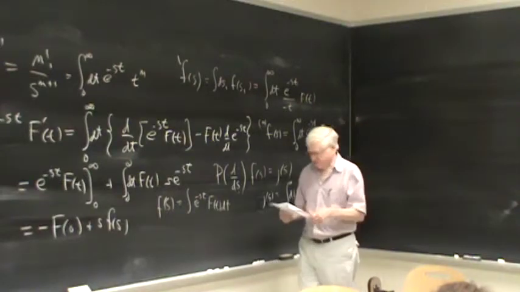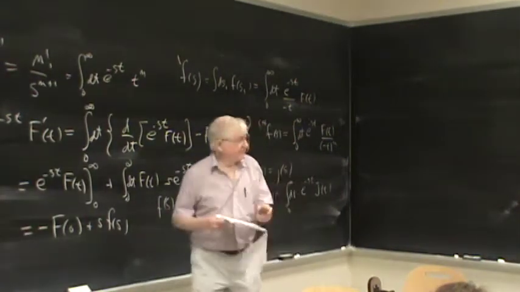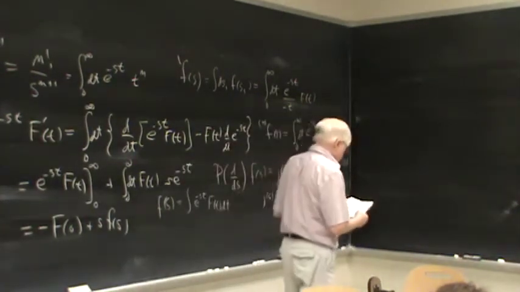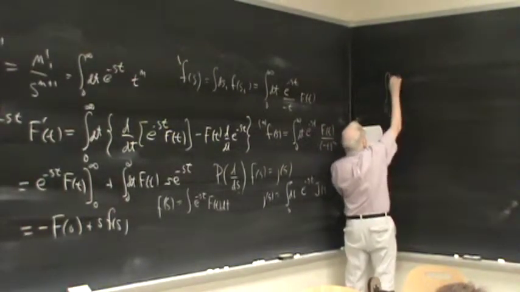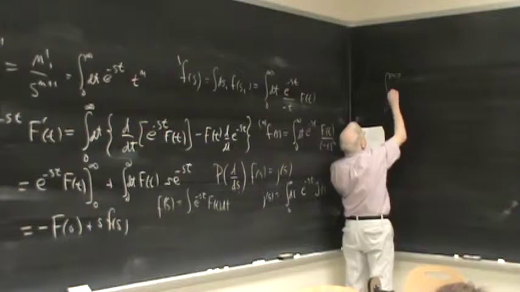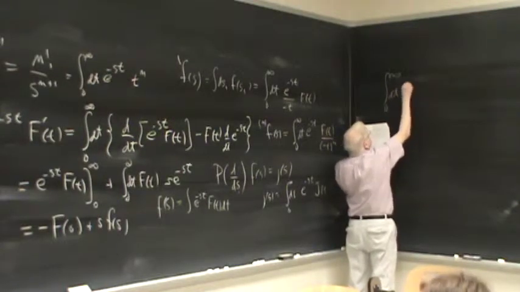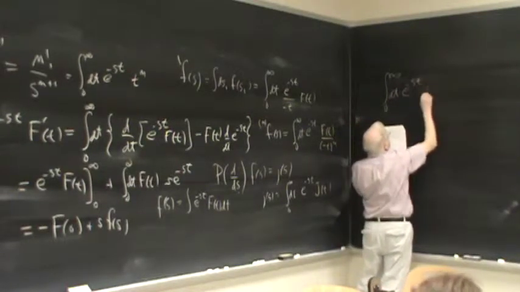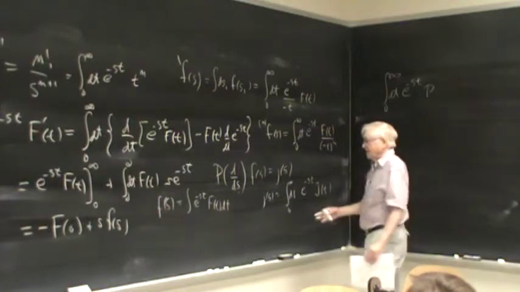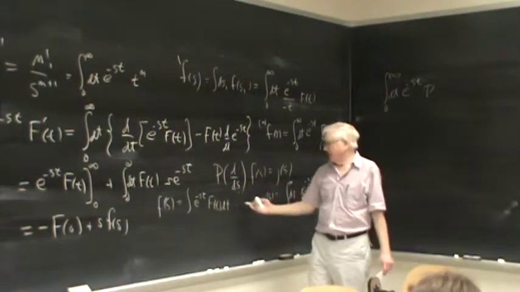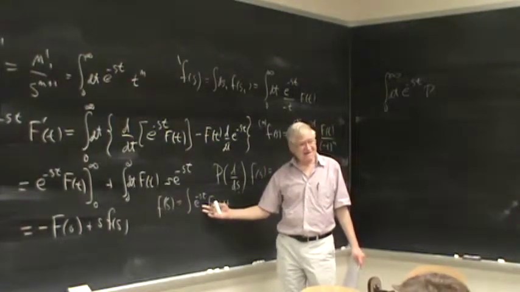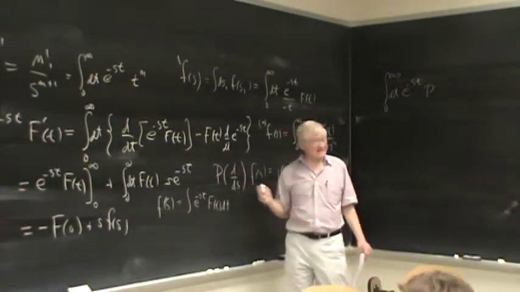And now it's very similar to what I did over there. Namely, our equation is integral 0 to infinity dt e to the minus st. Well, when d by ds hits F, it just brings down a minus t. So we get P of minus t.